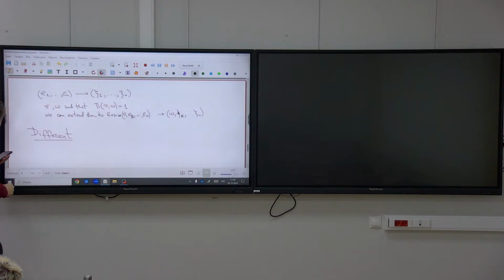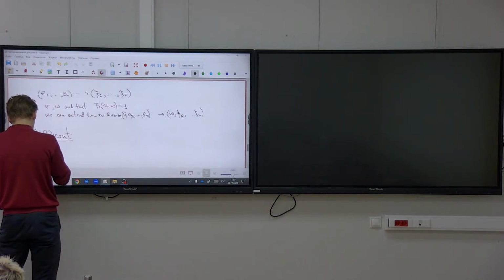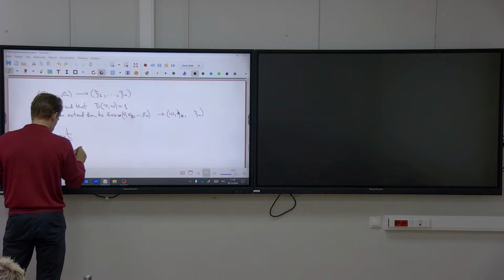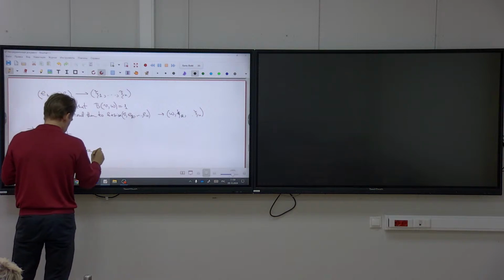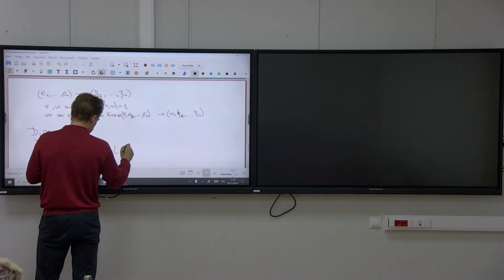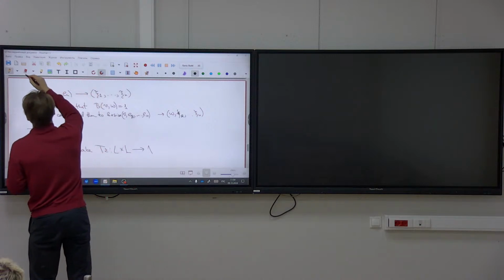So now you start with the following bilinear form. So for the bilinear form B, we take the trace form that maps from L times L to K.